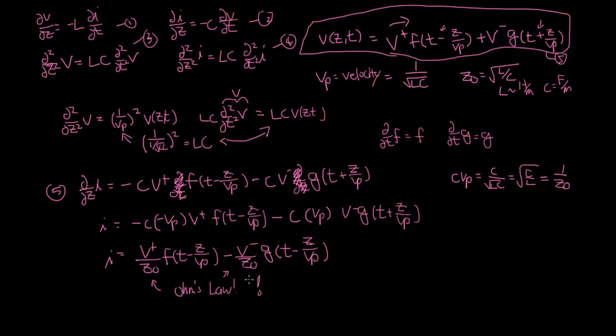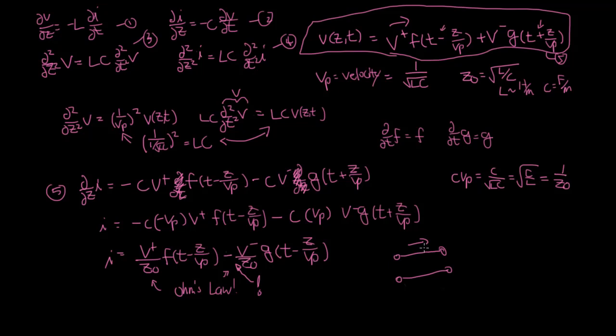Now, one of the things to pay attention to that tripped me up for a long time is that the backward propagating wave in the current now has a negative sign. It looks kind of counterintuitive, but it does make sense. If you have a voltage wave going this way, the voltage is positive when you measure it here, and it's positive on that side.